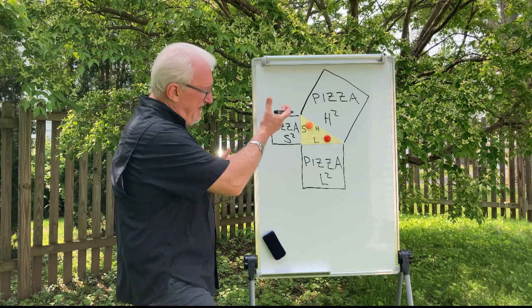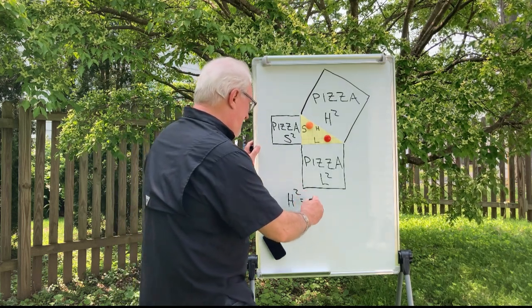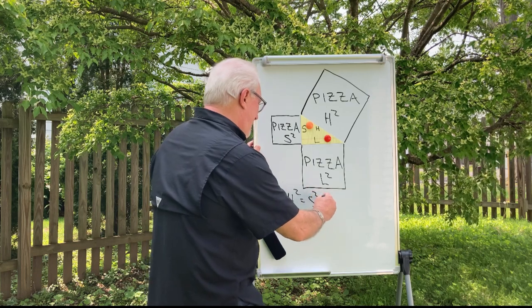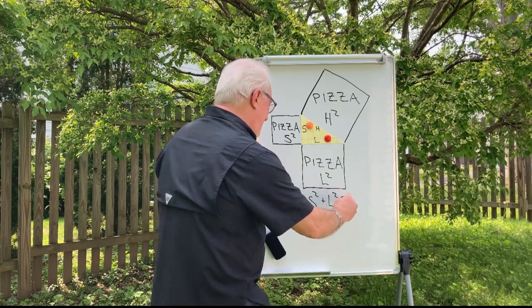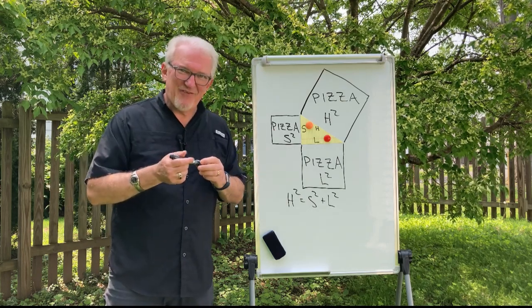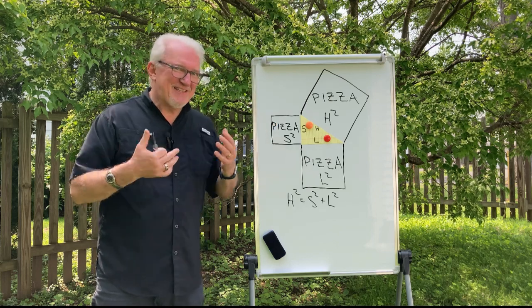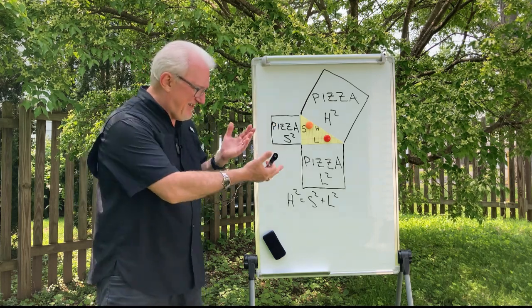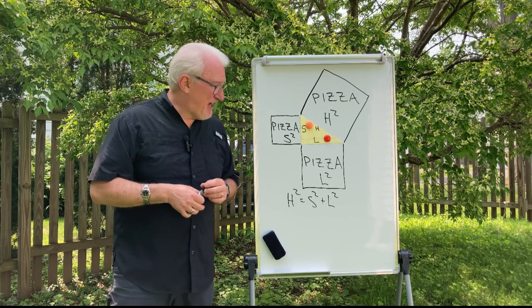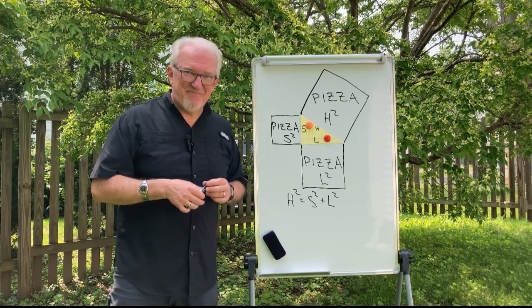And so, in this example, we have that h squared is equal to s squared plus L squared. And so it really doesn't matter which of the choices you selected. The largest piece of pizza is in fact the same size as the sum of the areas of the 2 smaller pieces of pizza.